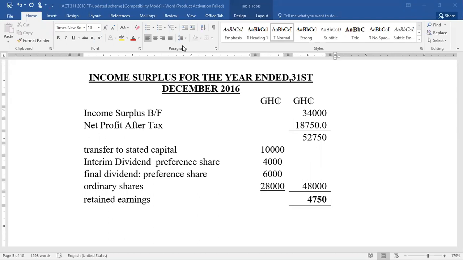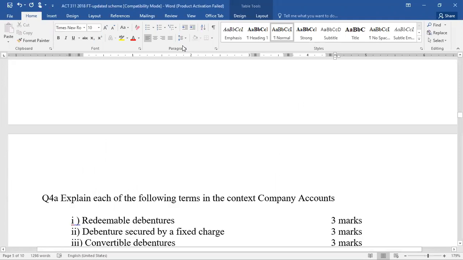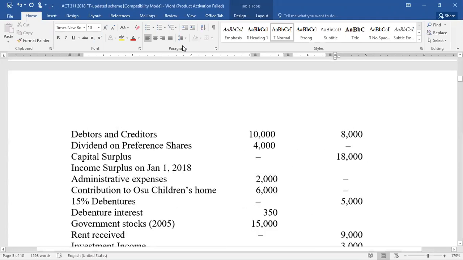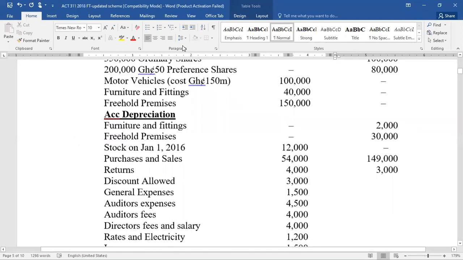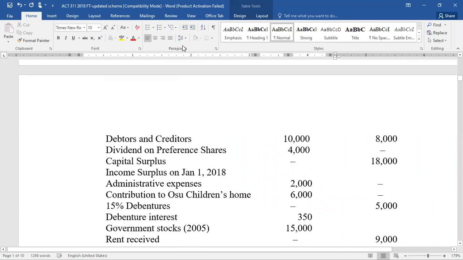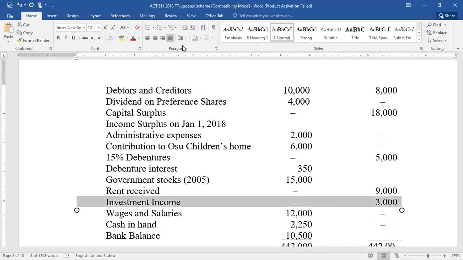Then in your trial balance, you had investment, of which you have been given an investment income of 3,000 Ghana cedis somewhere along the line. I want to look for it. This is your investment. The investment income is the 3,000 here.